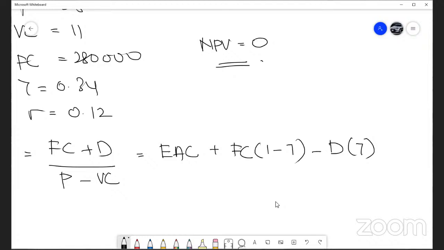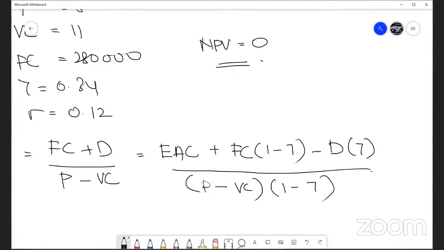EAC plus FC minus depreciation tax shield. So this whole thing divided by your price minus your variable cost. Same like just now, price minus variable cost, but now take into consideration your tax.